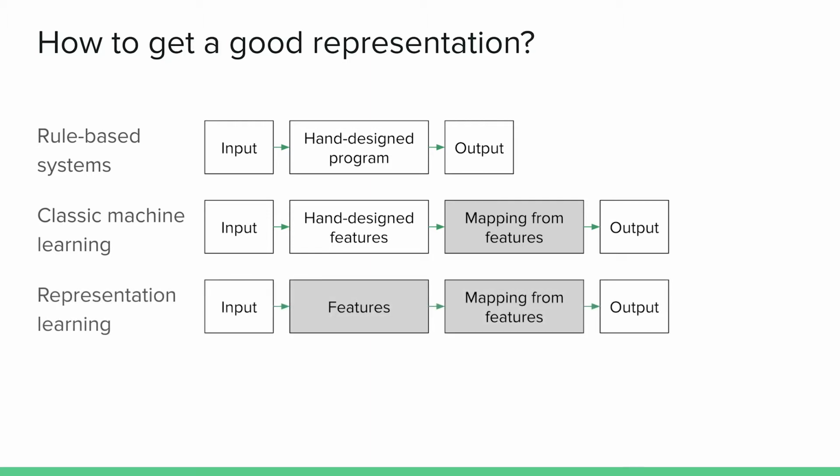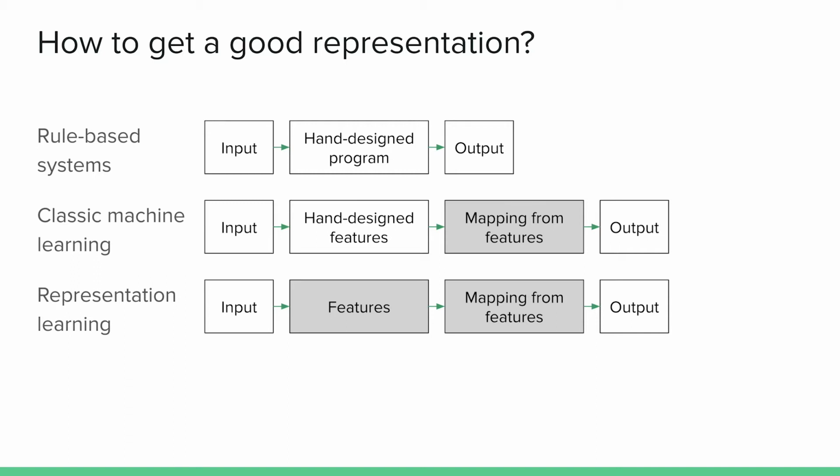And when we now talk about representations, we want these features that are being used to map to the output not to be hand designed by someone who's thinking, oh, I think maybe edges and colors are important here, but we actually want the machine to automatically extract meaningful features by itself.